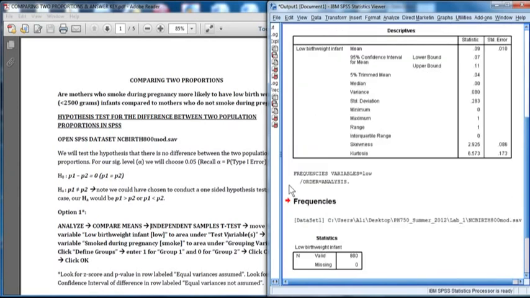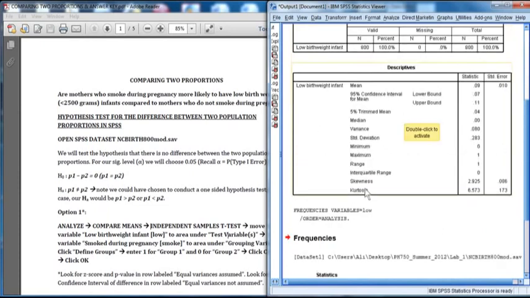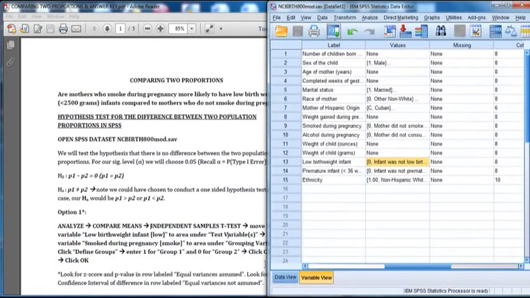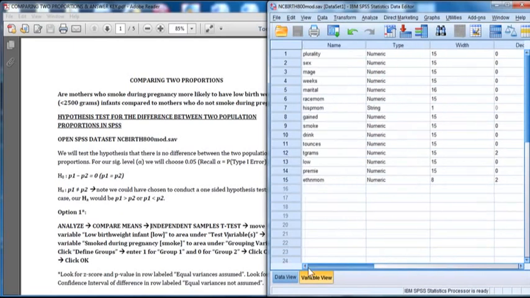If we had our variable coded differently, instead, for example, as 1, 2, SPSS would not calculate the mean correctly, as the mean would not equal the proportion or the probability of the outcome designated by 1.